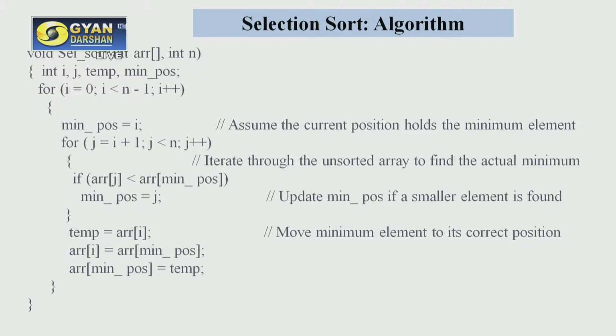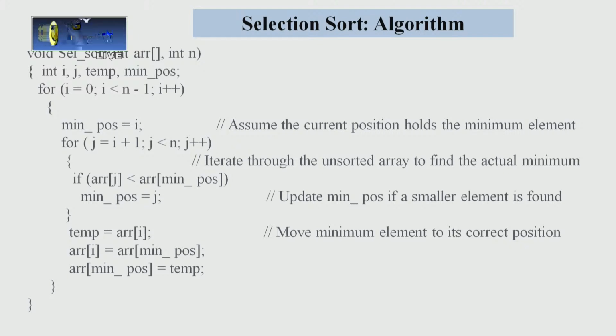So for every i, j will execute from i plus 1 till n minus 1, and we compare, with this if condition, what is the position of the smallest element. So if array[j] is less than array[min_pos], the min position will contain the index of the smaller element.